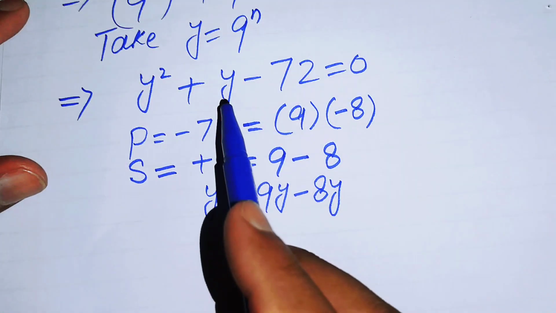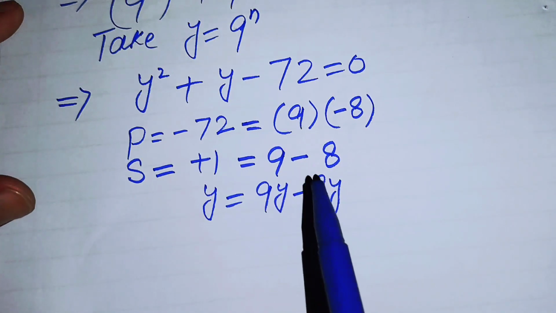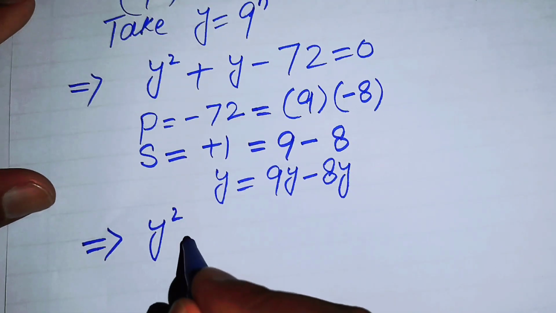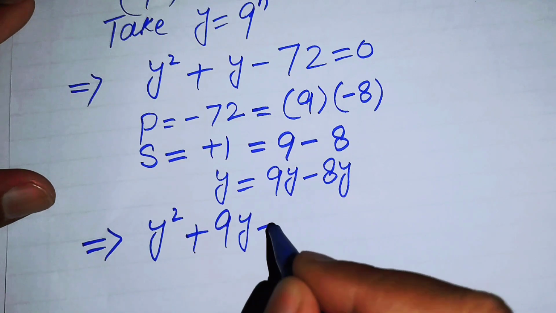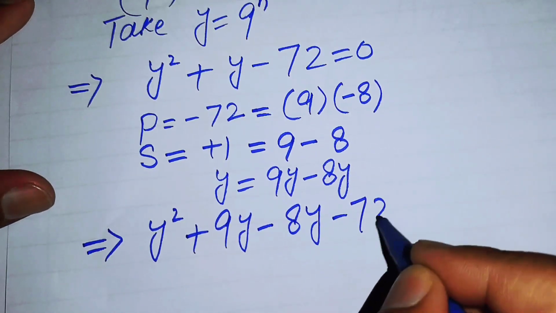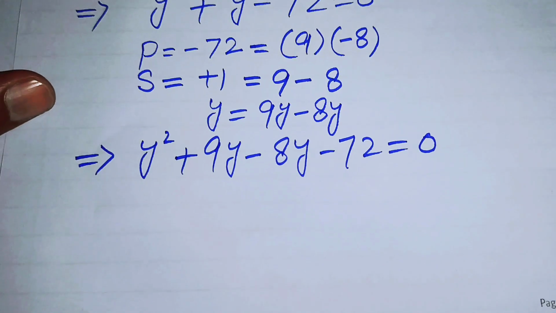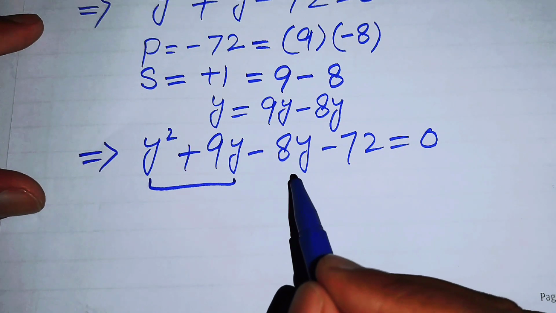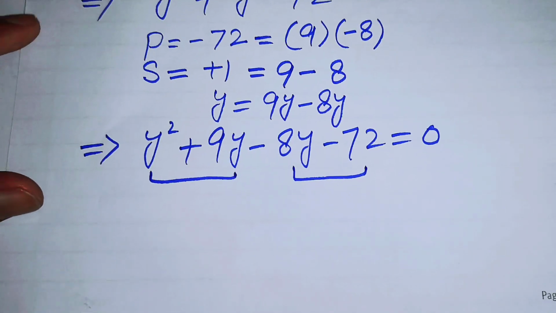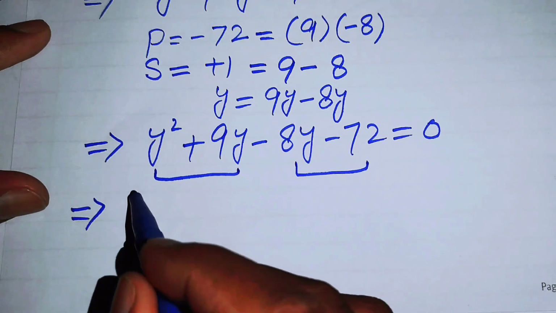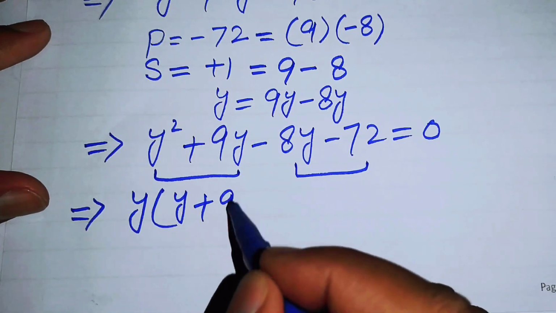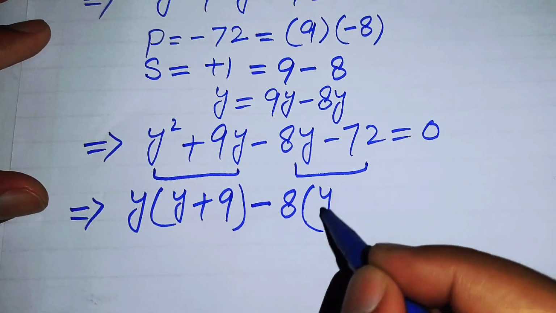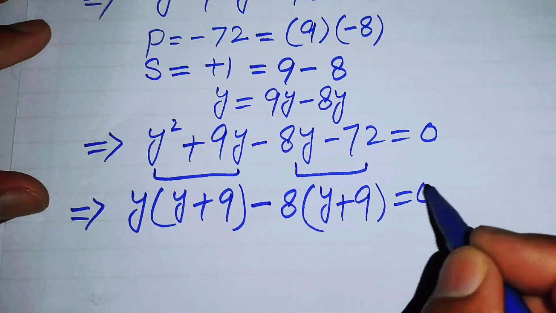Now we replace this plus y by 9y minus 8y, so that the quadratic equation becomes y squared plus 9y minus 8y minus 72 is equal to 0. Here we take common y from the first two terms, and we take common minus 8 from the last two terms, so you get y times y plus 9, minus 8 times y plus 9, is equal to 0.